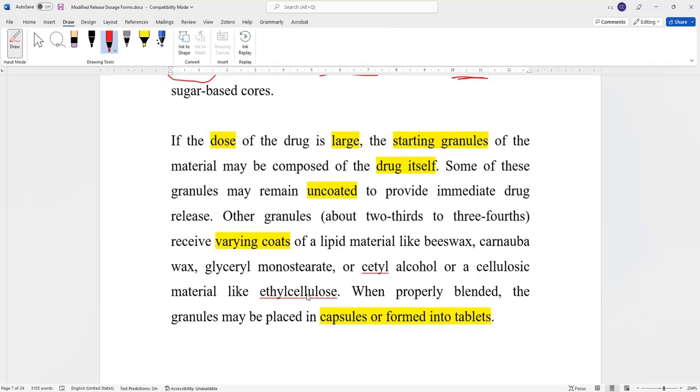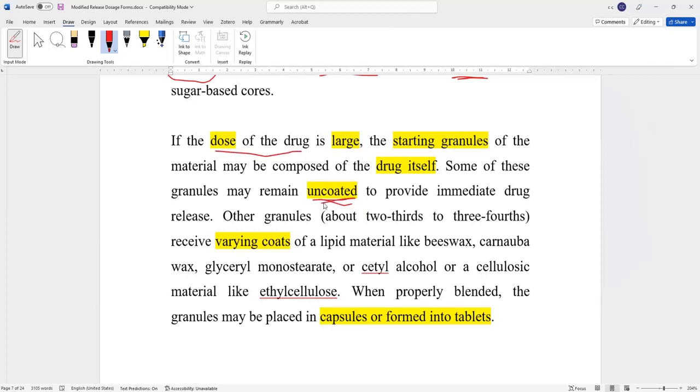We have to start with the drug and make granules from the drug itself. طيب, then now I have granules made of drug. Now I will keep some of them uncoated, highly granules for the drug with a large dose.